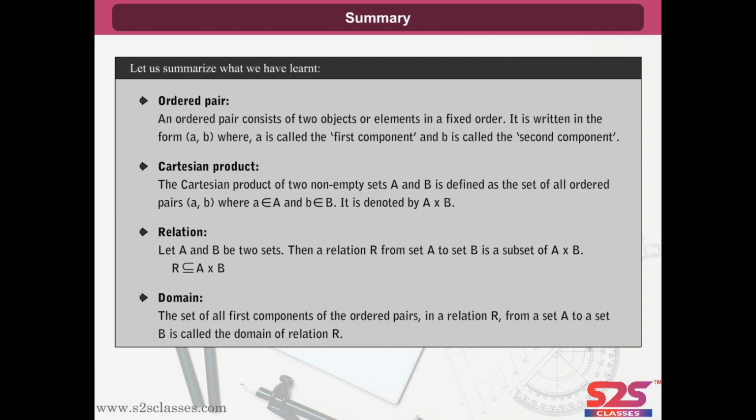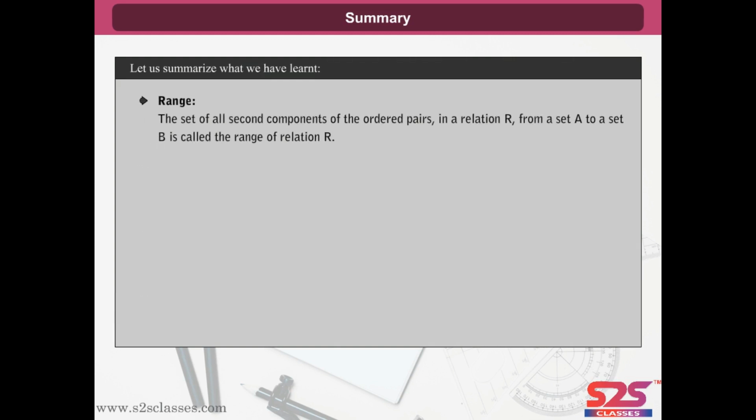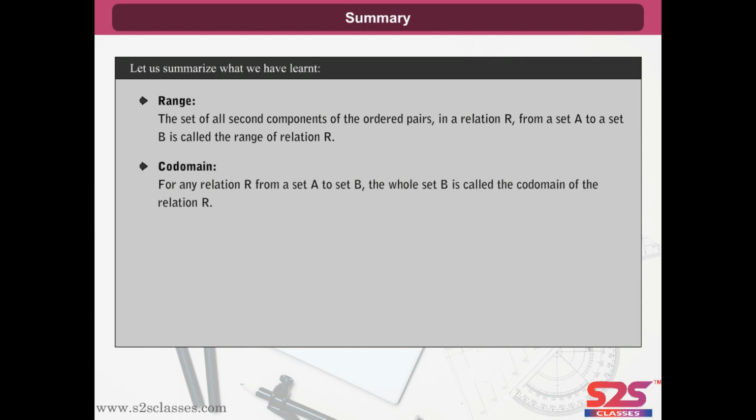Domain. The set of all first components of the ordered pairs in a relation R from a set A to a set B is called the domain of relation R. Range. The set of all second components of the ordered pairs in a relation R from a set A to a set B is called the range of relation R. Codomain.